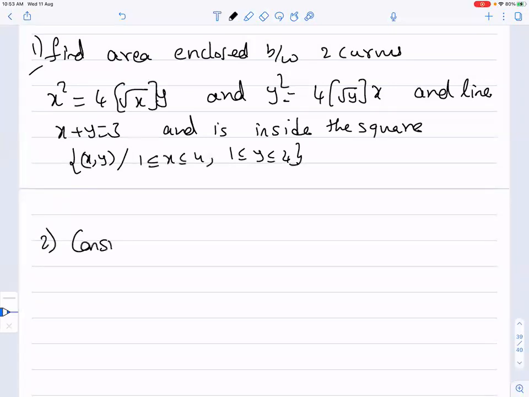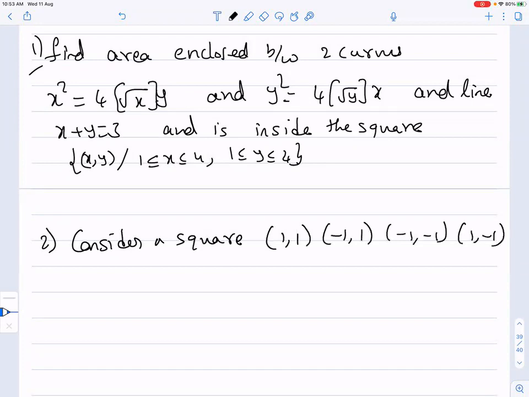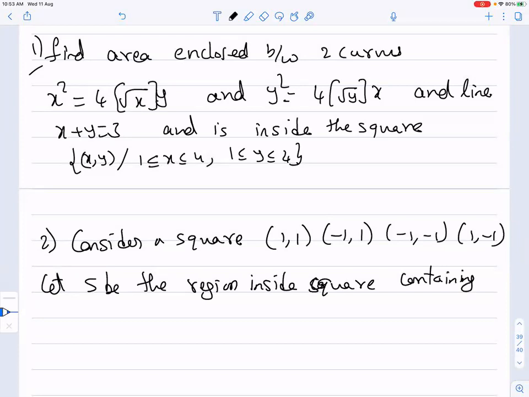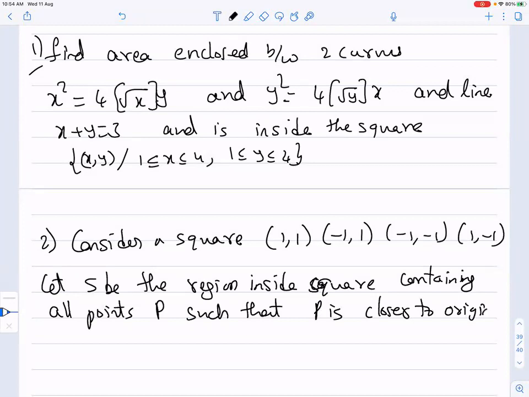Second question. Consider a square (1, -1), (-1, -1), (-1, 1), (1, -1)... Let S be the region inside square containing all points P such that P is closer to origin than to any side of the square.